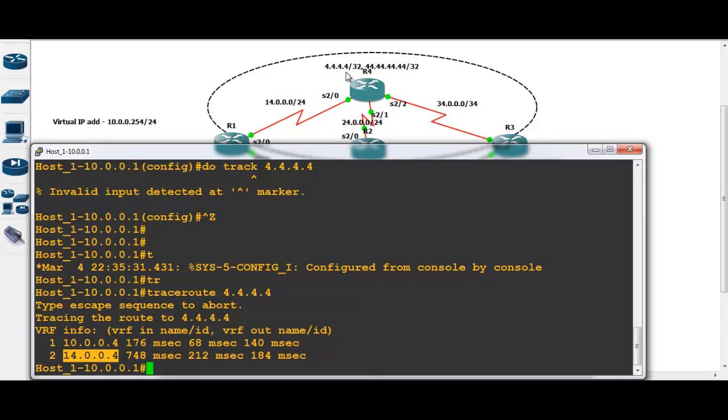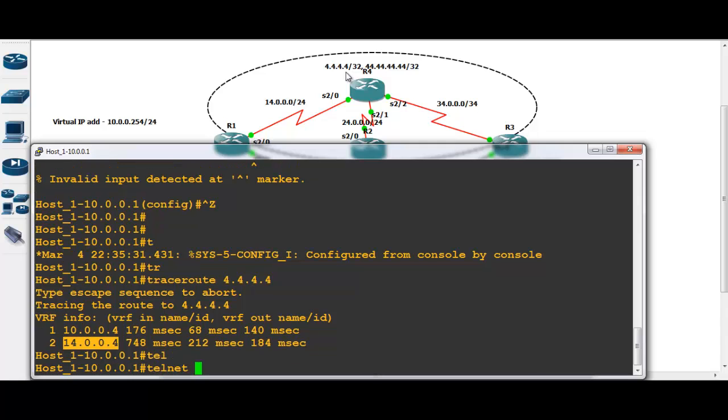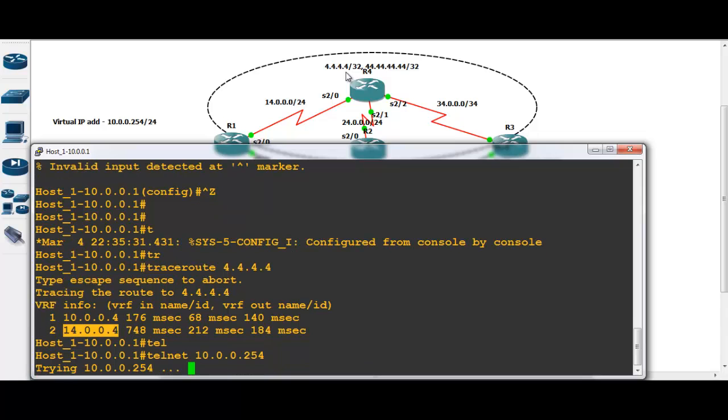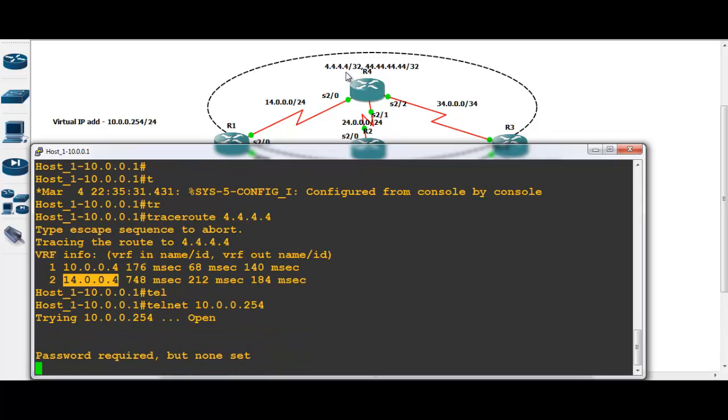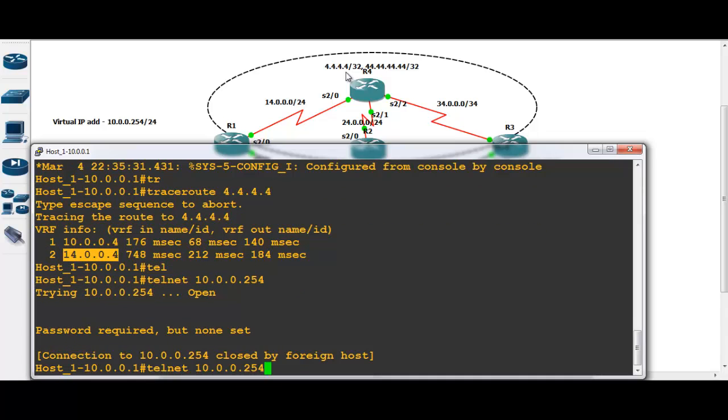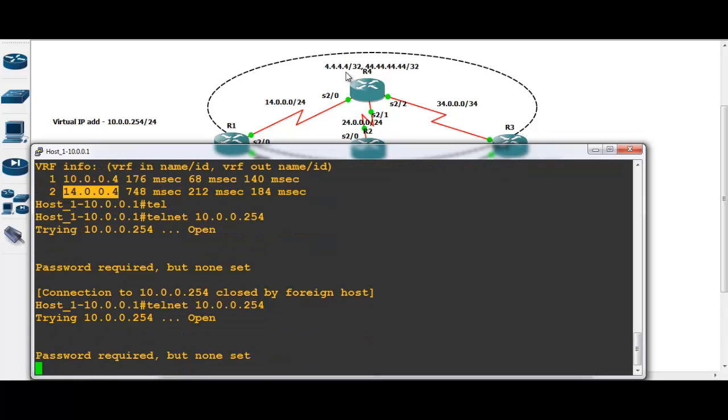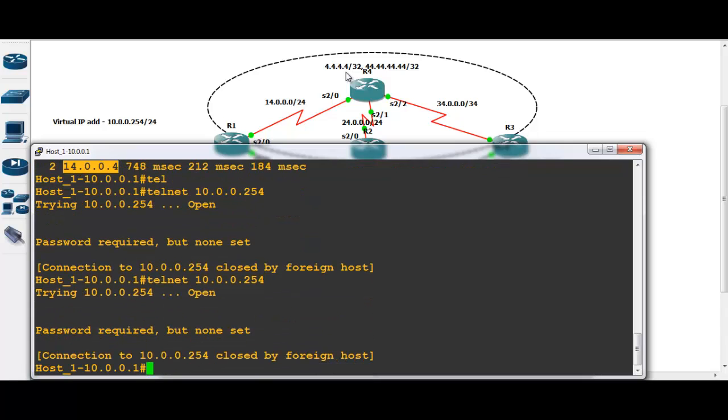And now I'll show you one more proof. Telnet. Which address? The gateway address, 10.0.0.254. Now if I telnet to this address, if R1 is the master, that should respond. One more time. I set only the console password.